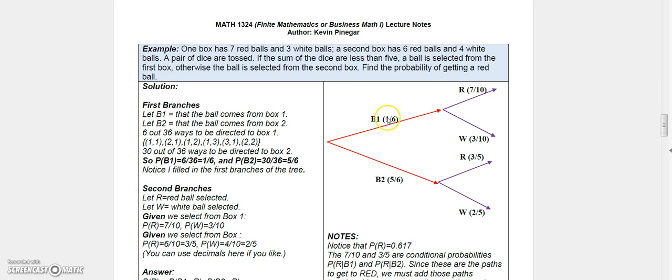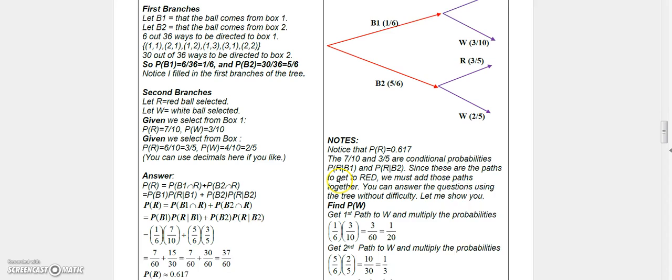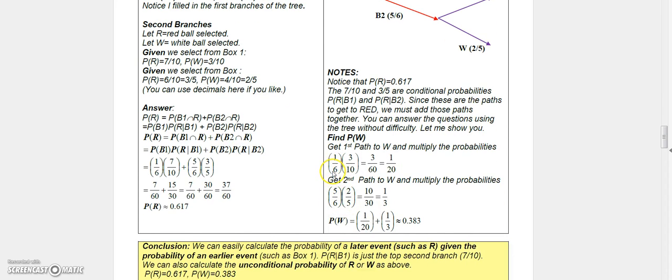That would be 1/6 times 3/10, because box 1 and white ball, or box 2 and white ball, which is 5/6 times 2/5. If you add these two numbers together, you get approximately 0.383.